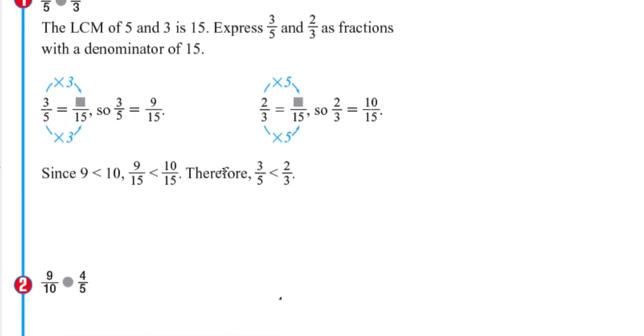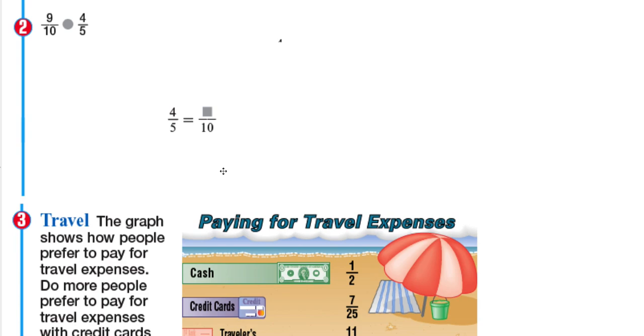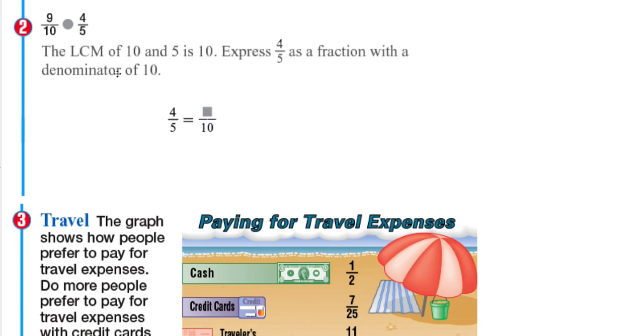Let's take a look at number 2, 9/10 and 4/5. The LCM of 10 and 5 is 10, using what we learned in the previous lesson. So we want to express 4/5 as a fraction with a denominator of 10. We don't need to change 9/10 because it already has a denominator of 10.